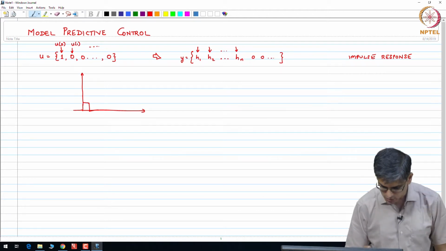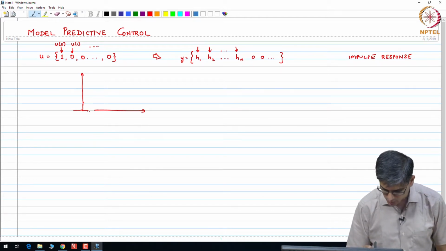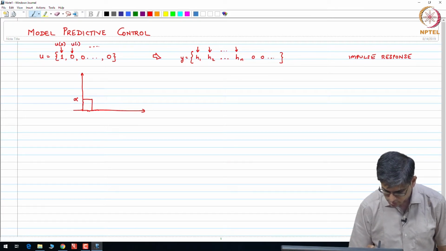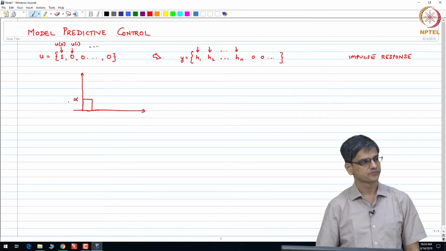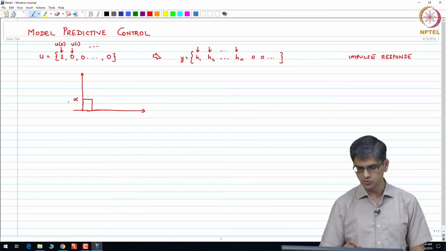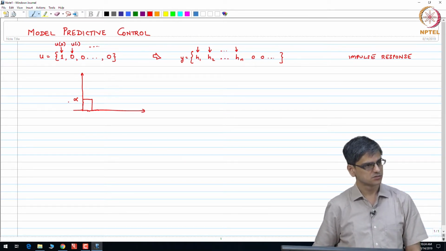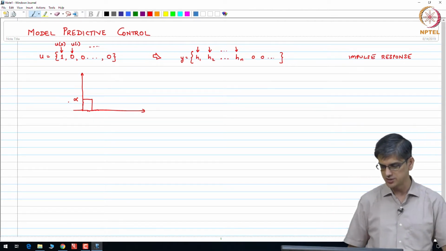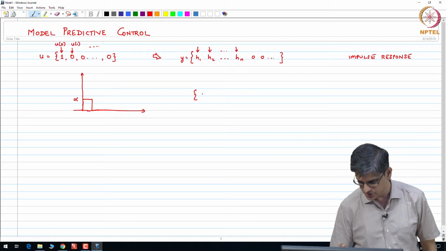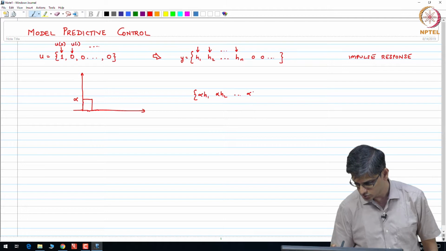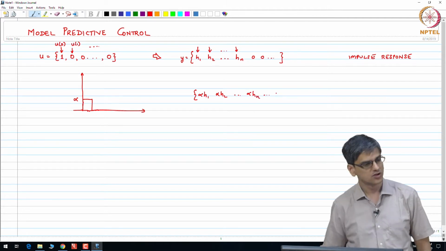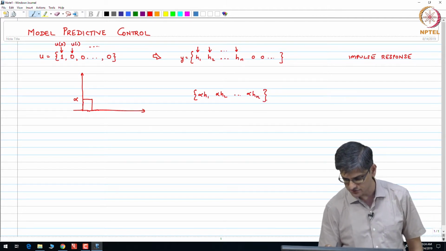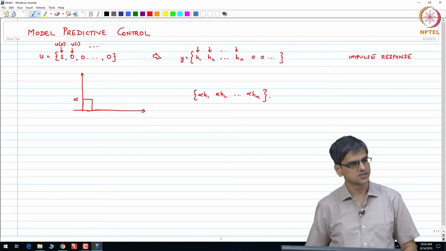What if u was not 1, but some value alpha? If this was u, what is going to be the response? Linear superposition works. So, the response is just going to be alpha h 1, alpha h 2, and so on up to alpha h n, and then zeros thereafter. I am just omitting the zeros.